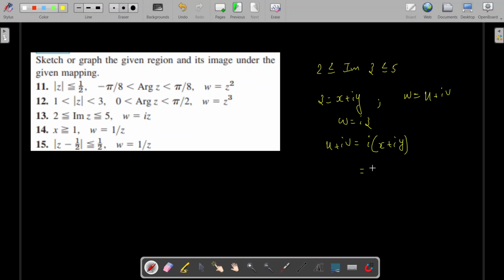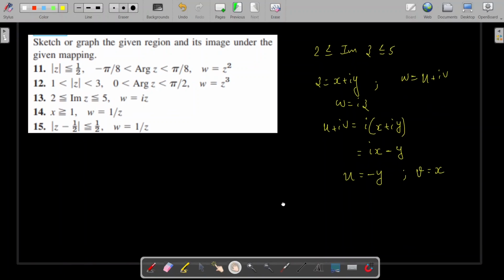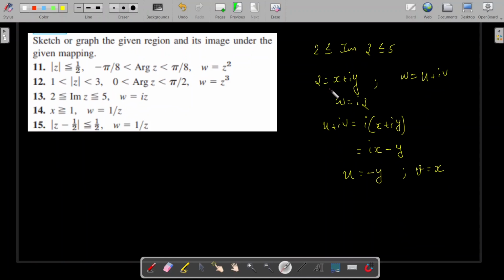So this equals ix, i square is minus 1, so minus y. So the corresponding point is u plus iv equal to minus y plus ix, or u is equal to minus y, and v is equal to the imaginary part here, x. So this is the image of the corresponding point x plus iy. The image is minus y plus ix.